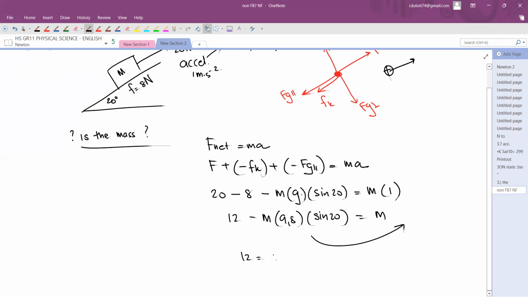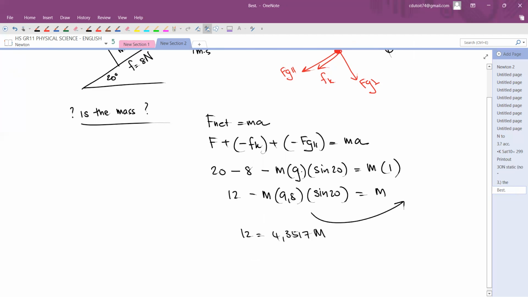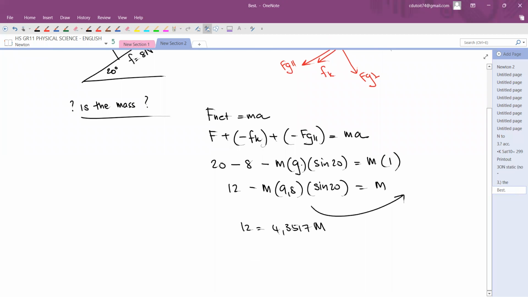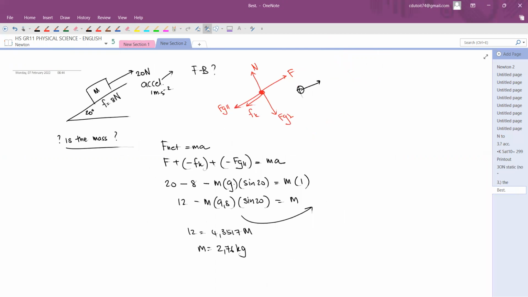And then I get 4,3519 m. So now I'm just taking 12 divided by the answer. So it's 2,76. The mass is 2,76 kg. And this is a difficult sum. Why? It's a funny one. It's not normal. It's not standard. But the equation can still solve. Happy with that? Yeah.